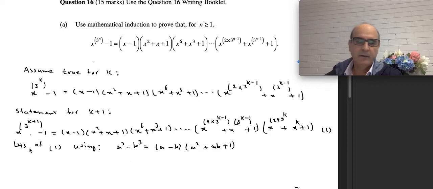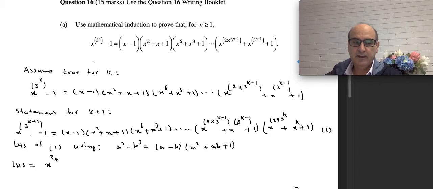We're using that. But how does this look like the left-hand side of that? The left-hand side can be written as x to the power of 3 to the power of k plus 1.